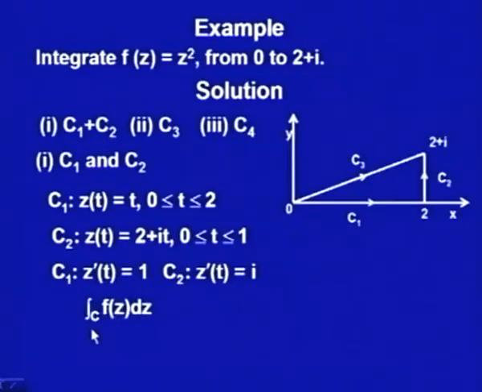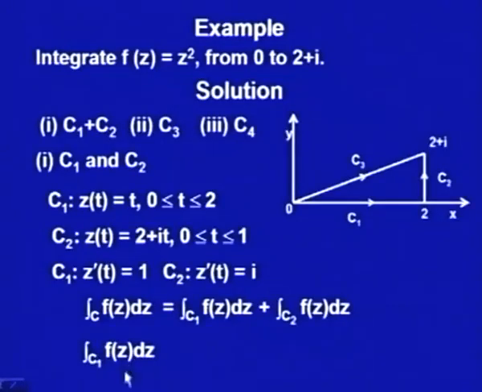Now, using this property of partitioning of the path, the integral along the contour C of f(z) dz, I could write as the contour integral along C1 of f(z) dz plus along C2 of f(z) dz, where f(z) is z square. Let us evaluate first the C1 integral. For C1 the parameterization is from 0 to 2, so my a and b are 0 and 2.